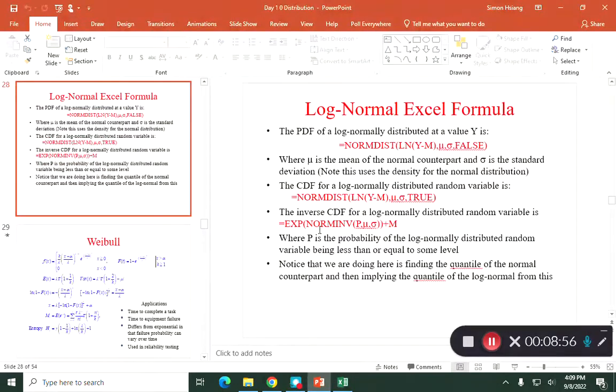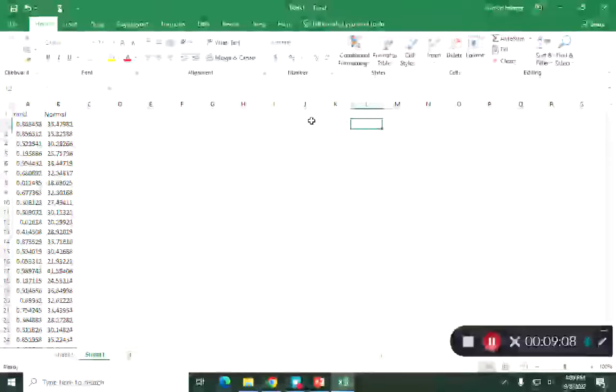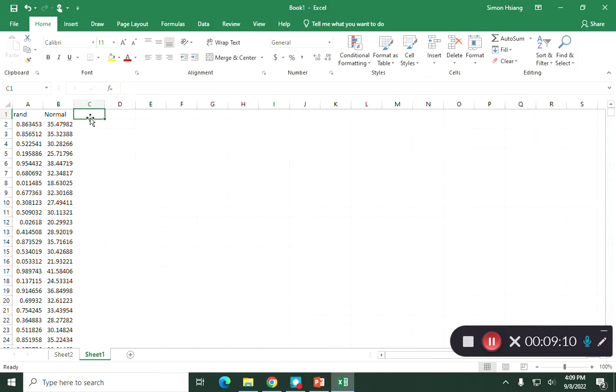Next step, okay, if I have a normal distribution function, I would like to take exponential with a, let's just say m equal to 500. Okay, let me generate my log normal distribution.